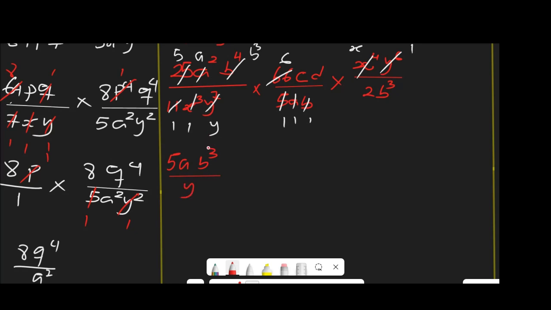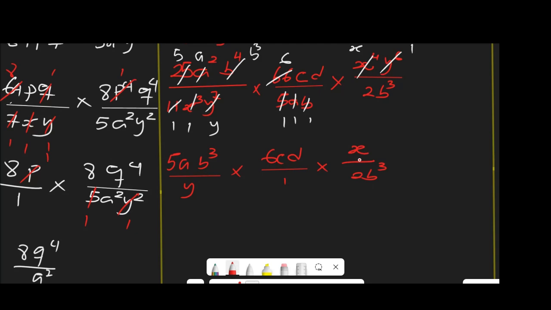So that's going to be y. So times, this is going to be 6cd, all divided by 1. And then times x over 2b cubed.